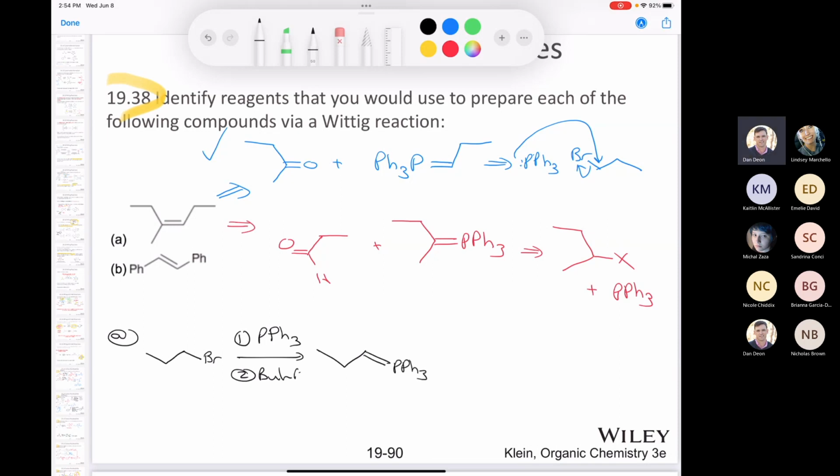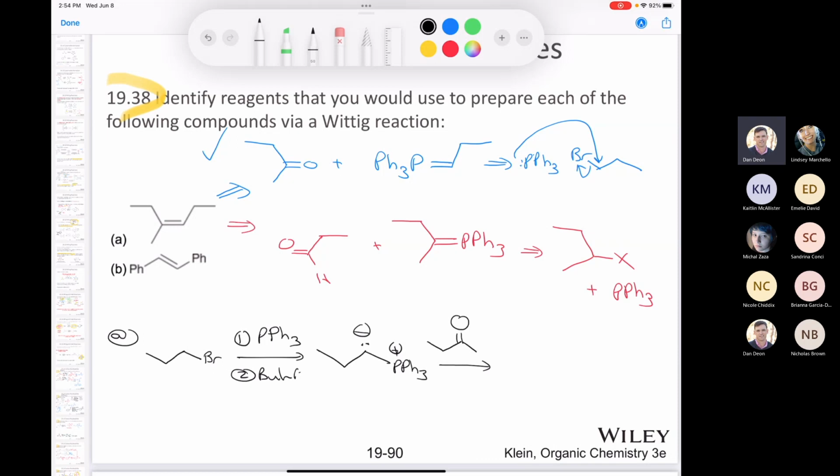This is the ylene form. I prefer to draw the ylide form, which is this, where you show the negative charge here and the positive charge here. And then we're going to treat that with the appropriate ketone, which we said was this one, which is butanone. And then that's going to give us our product.